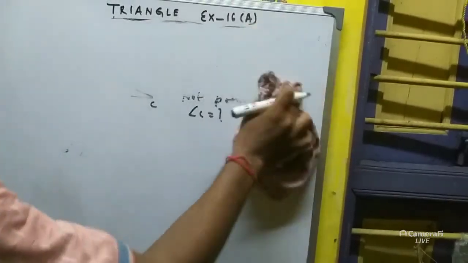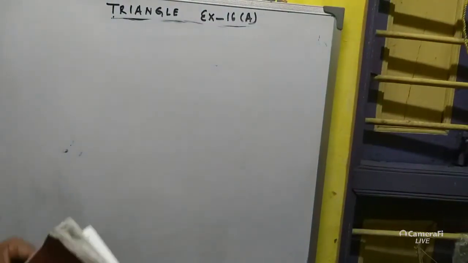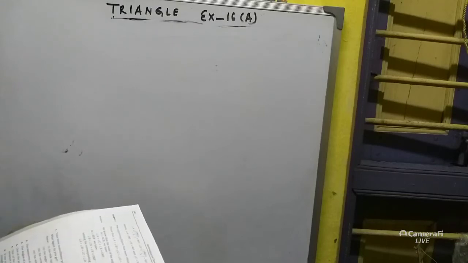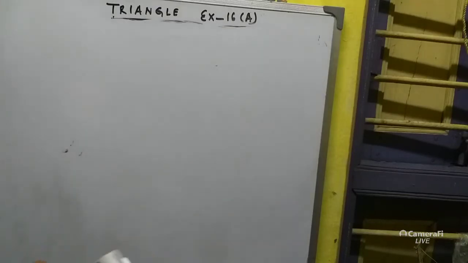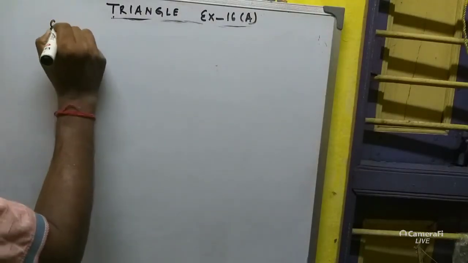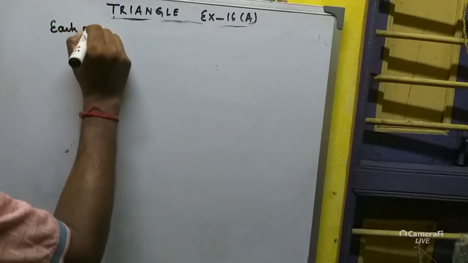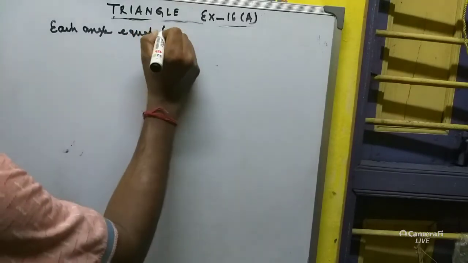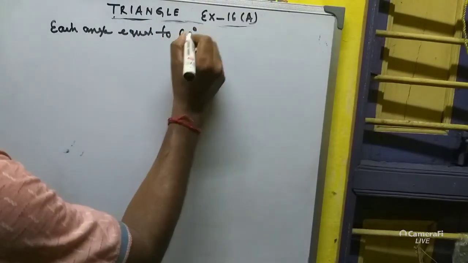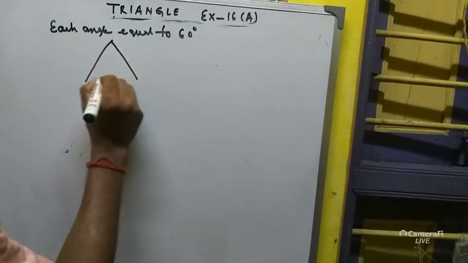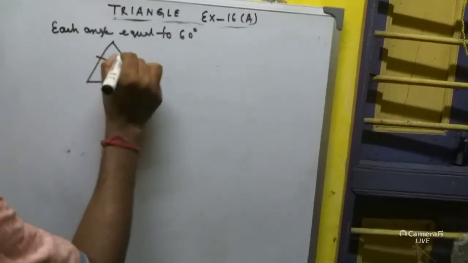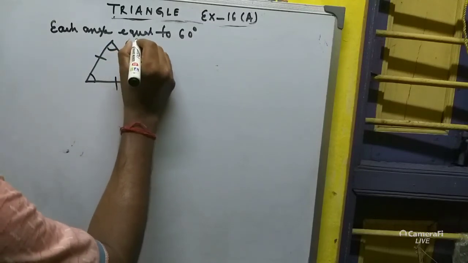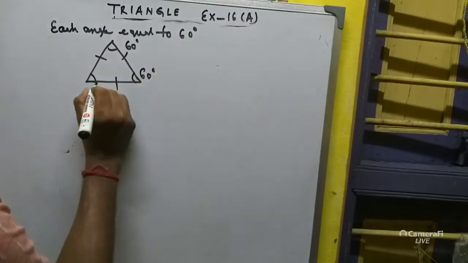Do it, use your own intelligence and you can get the answer. Each angle equal to 60 degrees is possible, because if the three sides are equal, the three angles are also equal. 60, this one 60, this one 60.